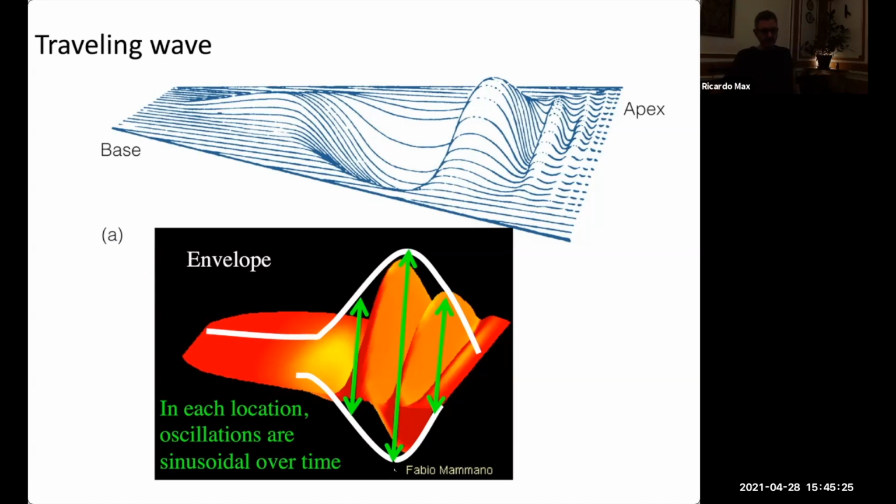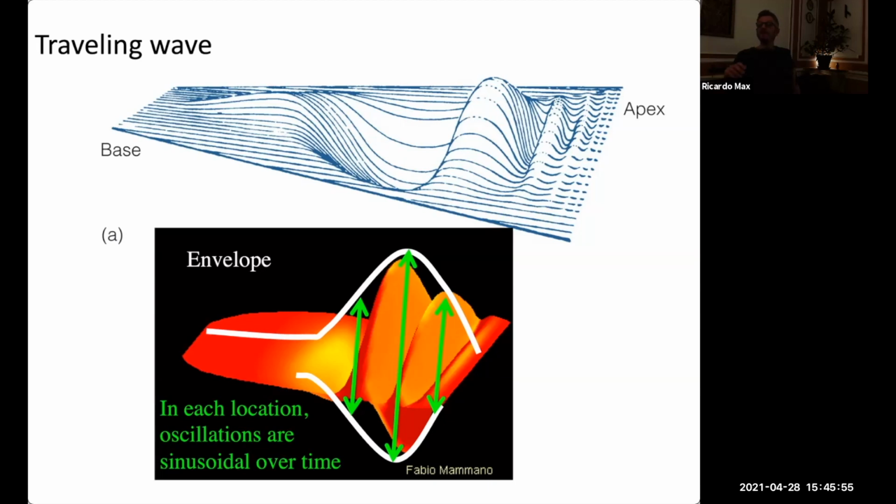So here, each point in the basilar membrane goes only up and down, even though the wave moves from right to left. Now these green lines are the double of the amplitude of the wave. This is just because it's not accurate, right? The amplitude is from the middle to the highest point.